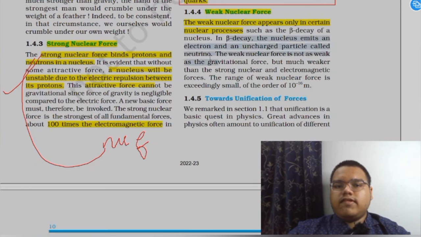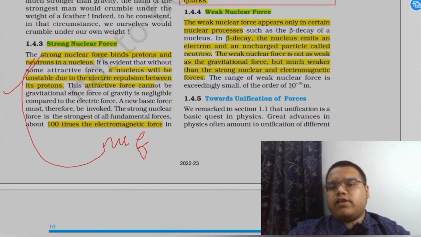Here see, nucleus emits an electron and an uncharged particle called neutrino. Weak nuclear force is not as weak as gravitational force, but it is weaker than strong nuclear and electromagnetic forces. The range of weak nuclear force is 10 to the power minus 16 meter.